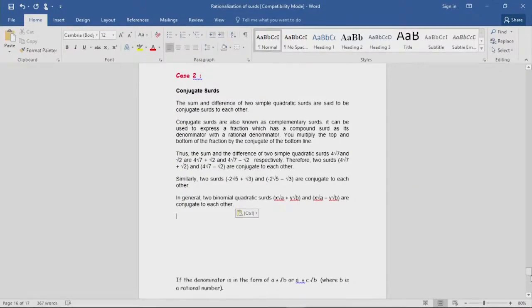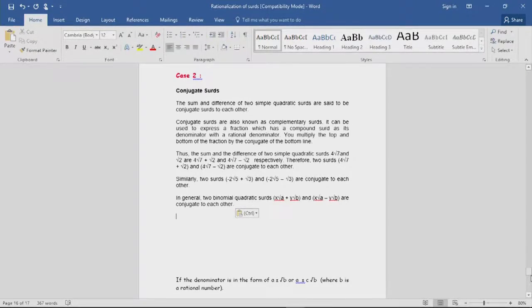Conjugate surds by definition is what? A sum and difference of two simple quadratic surds are said to be conjugate. When a surd is separated by either a positive or negative sign, we say they are conjugate surds. Conjugate surds are also known as complementary surds.